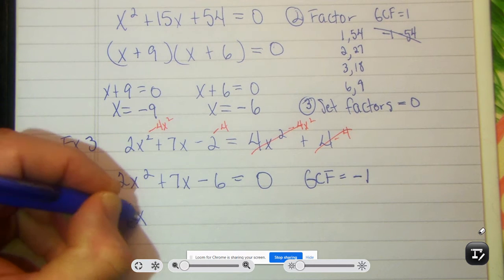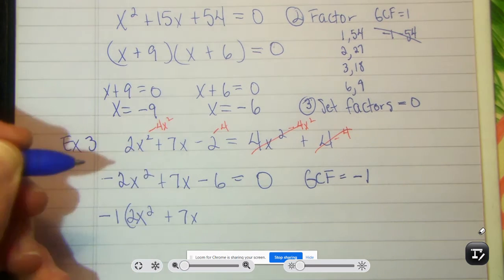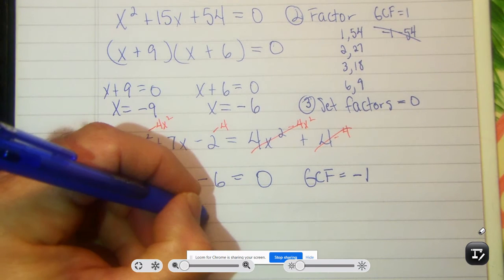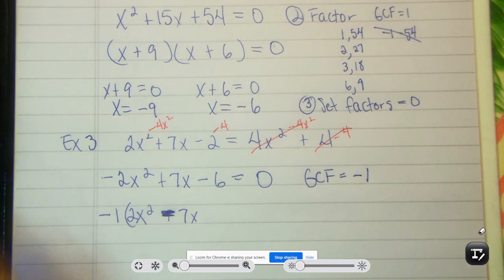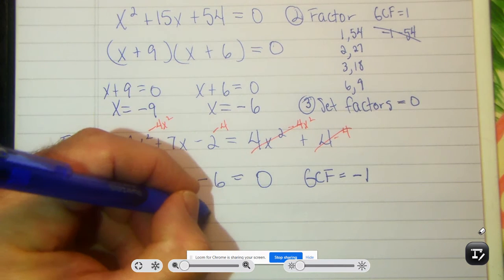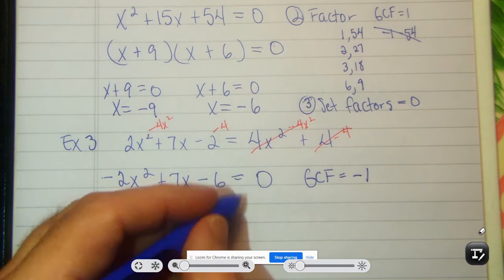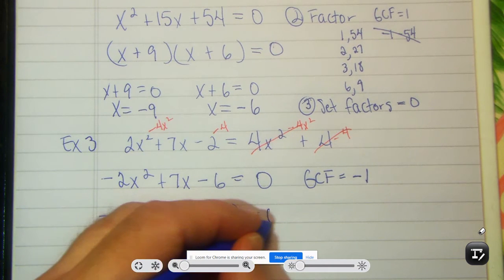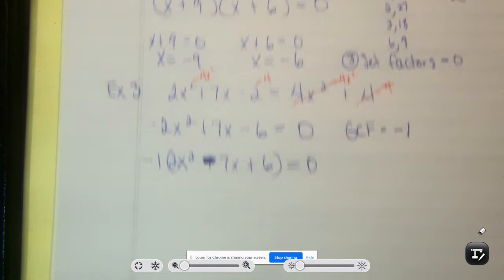So I'll be left with 2x squared minus 7x, excuse me, I forgot to reverse my sign there because negative times negative is positive. And then plus 6. So effectively, all my signs reverse when I factor out that -1. Got to be careful to make sure I reverse all my signs.